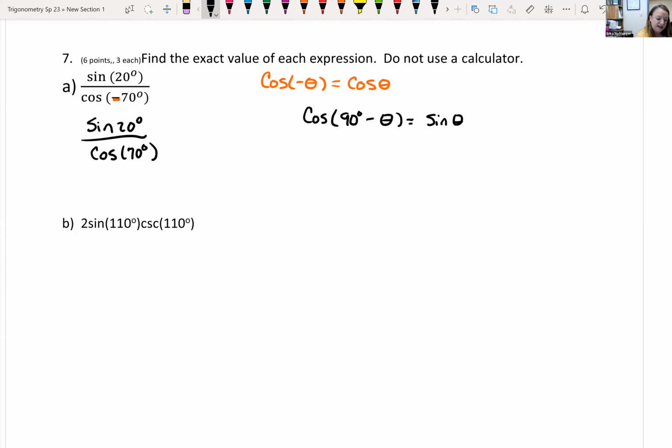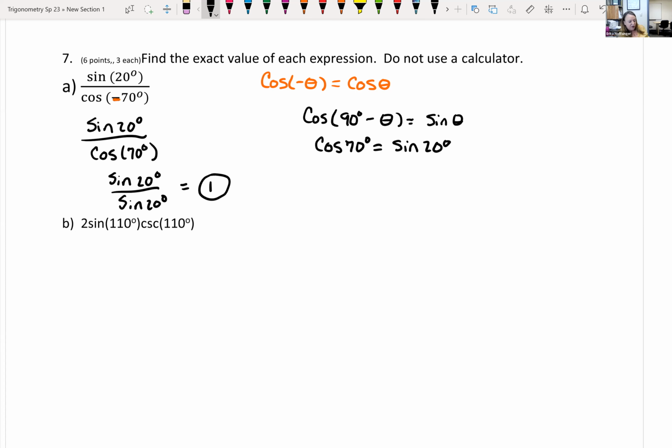So our cosine of 70 degrees is equal to sine of 20 degrees. So let's just rewrite this really quickly as sine of 20 degrees all over sine of 20 degrees. So doing that, we get that this is equal to 1.